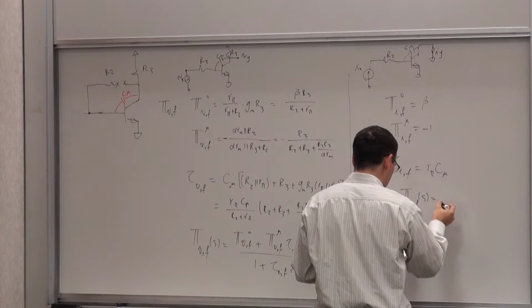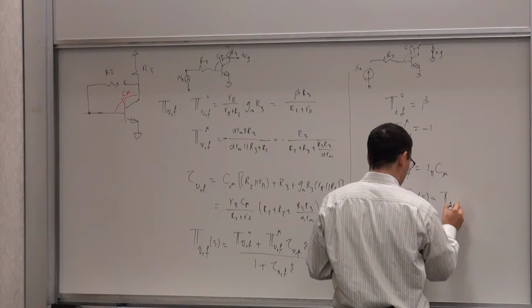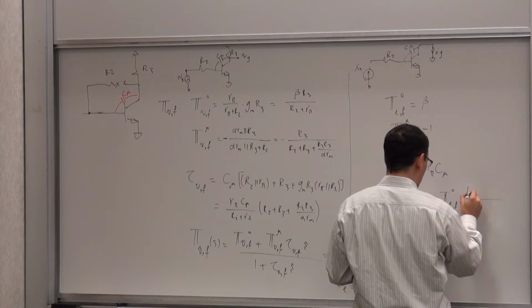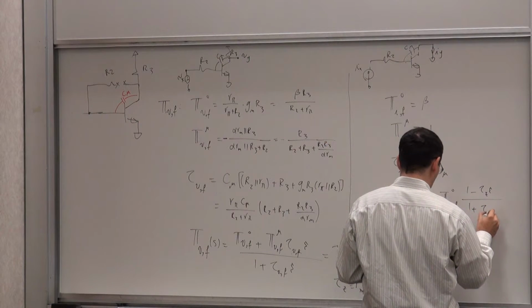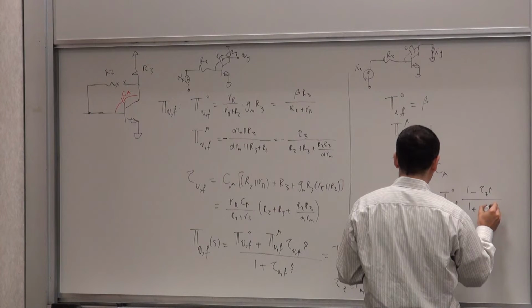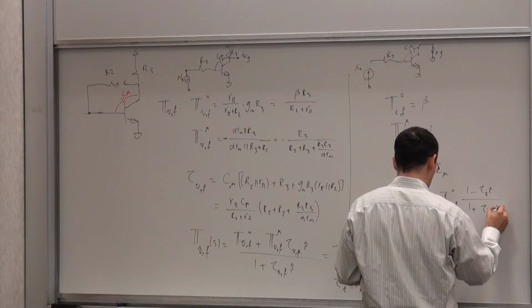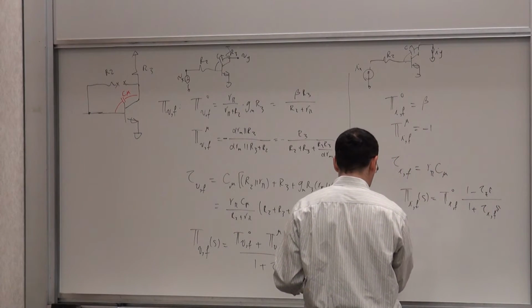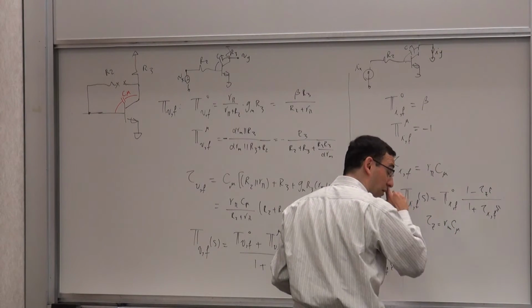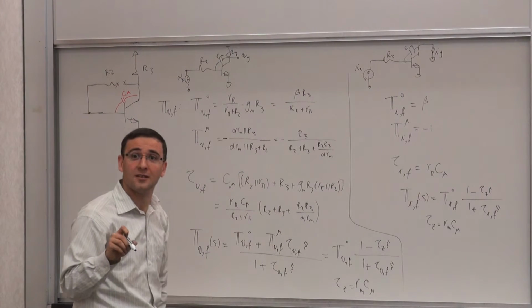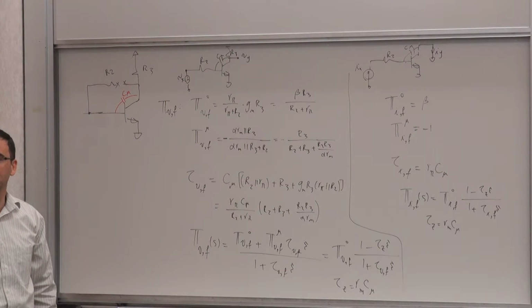So TIF of S is simply TIF0 times 1 minus tau Z S over 1 plus tau IF S. And tau Z is the same tau Z as that, which is a good thing. Why is it a good thing that they have the same zeros?